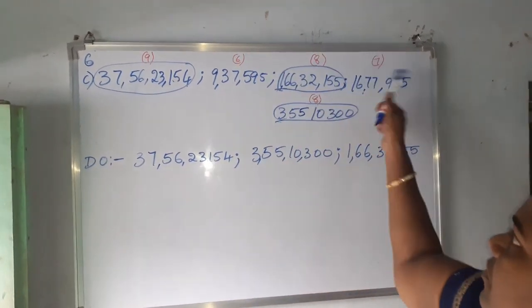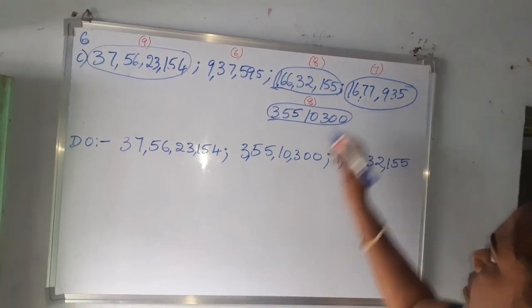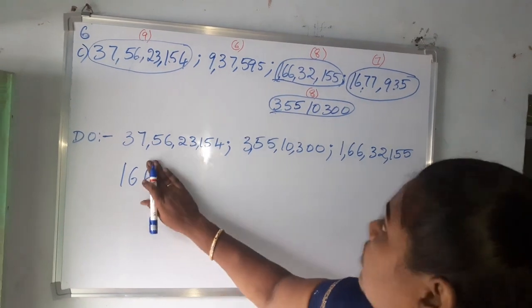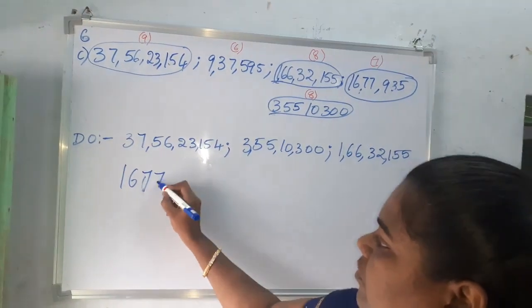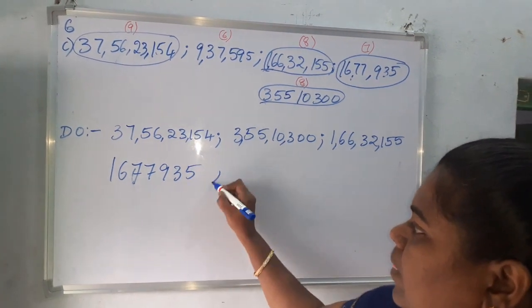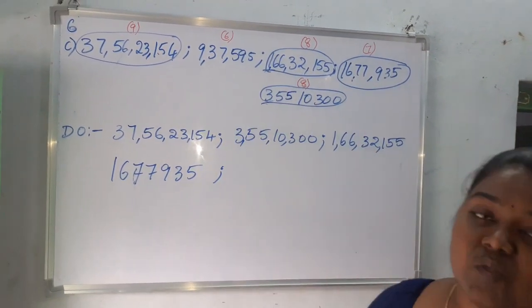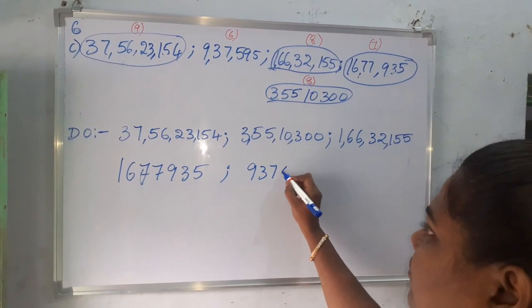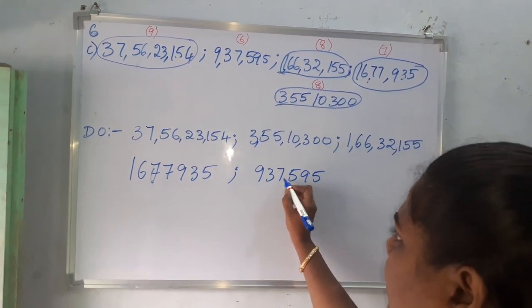Next 6-digit, 7-digit. 7 is the highest. So 77935. And the last, that is the smallest among this, is 9,37,595.